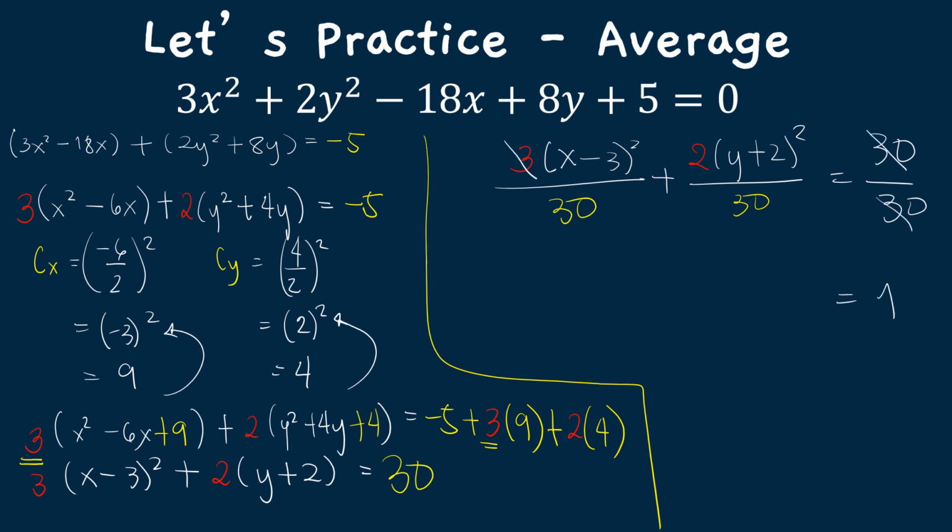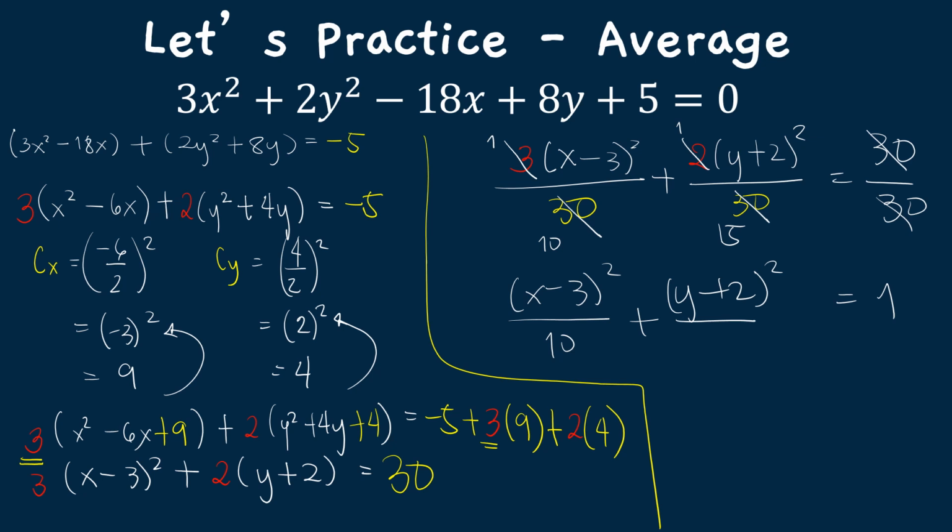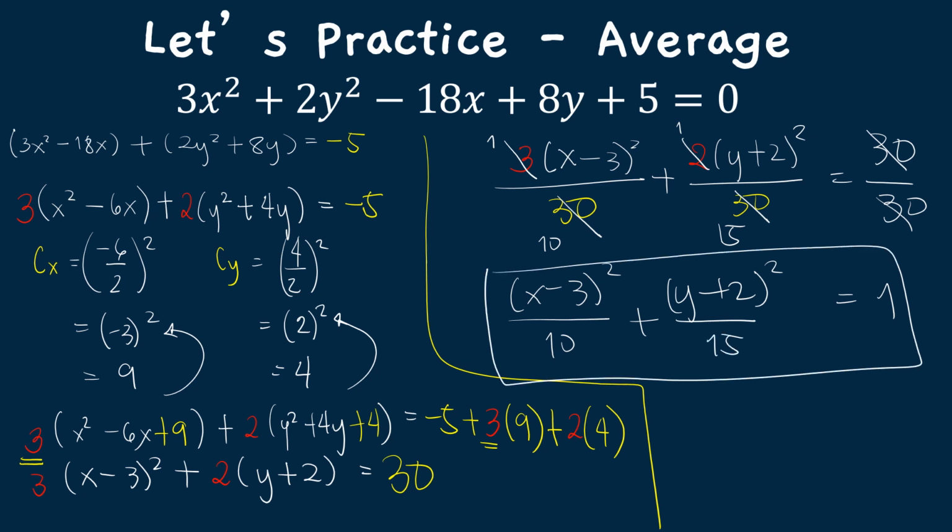Then, 3 and 30, it will become 1 over 10. And 2 is 1 over 15. So, therefore, your answer is x minus 3 squared over 10 plus y plus 2 squared over 15. And this is already your final answer for example number 1.